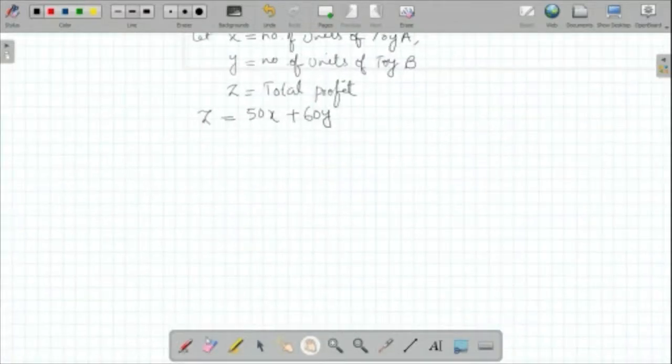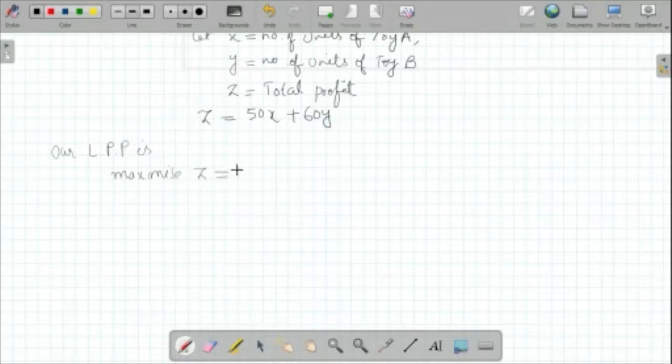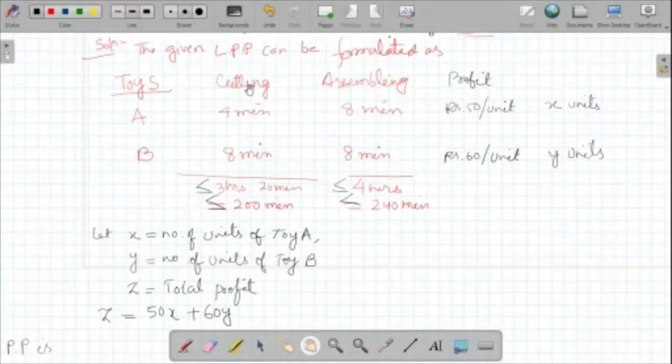Now after that we can write like this. So what is our LPP? Our LPP is: maximize z equals 50 times x plus 60 times y, such that, for cutting, how much time is required? 200 minutes, right? 1 unit needs 4 minutes, so for x units it will be 4x, and for B it will be 8y.